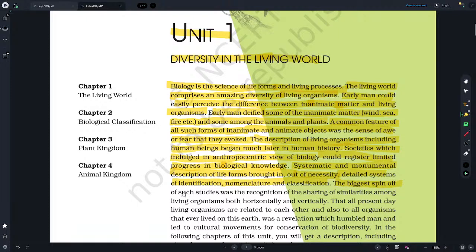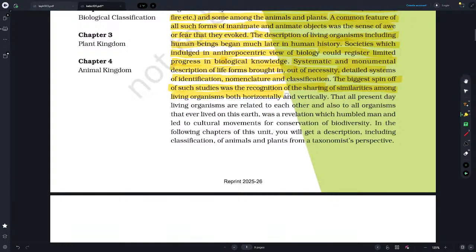The biggest spin-off of such studies was a recognition or sharing of similarities among living organisms, both horizontally and vertically. That all present-day living organisms are related to each other and also to all organisms that ever lived on this earth was a revelation which humbled man and led to cultural movements for conservation of biodiversity.